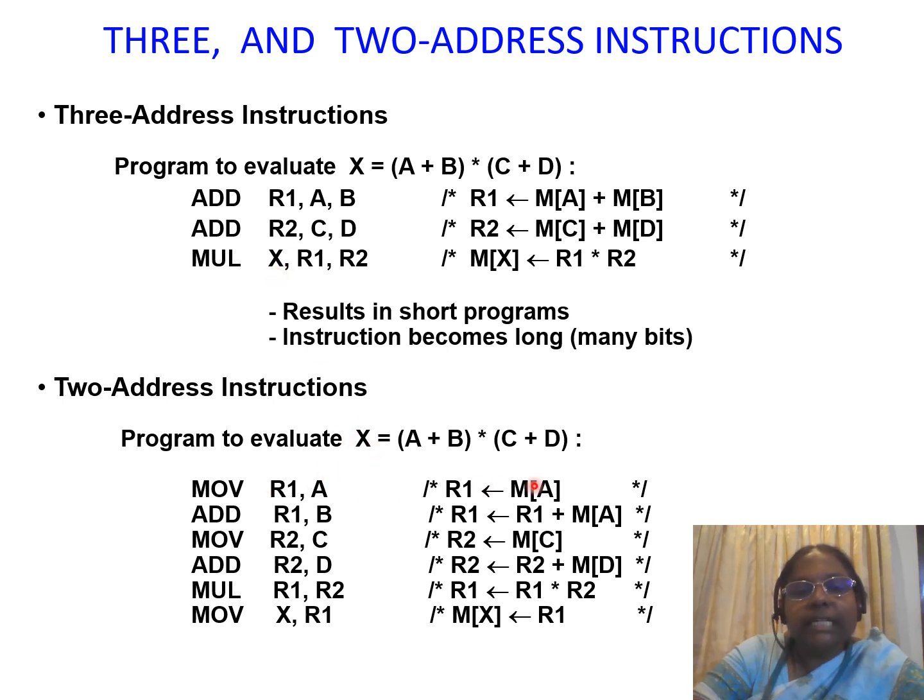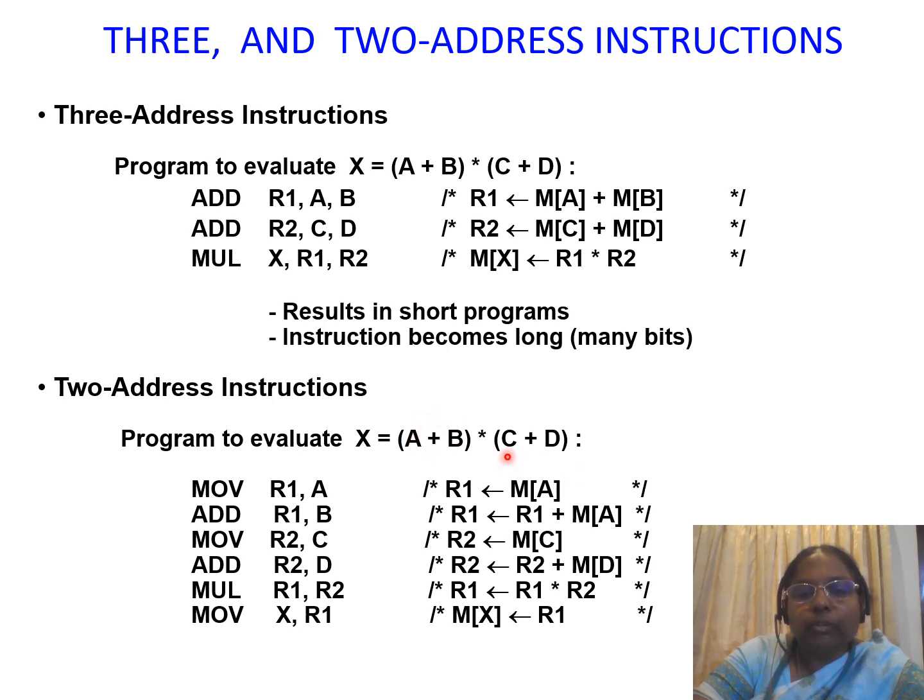You also have an example for the two address instructions. If you have two addresses, then one will act as both the source and the destination. So you have to bring one operand into a register. Here, A is moved to register R1. Then you do ADD R1, B, so the first sub-expression is available in register R1.